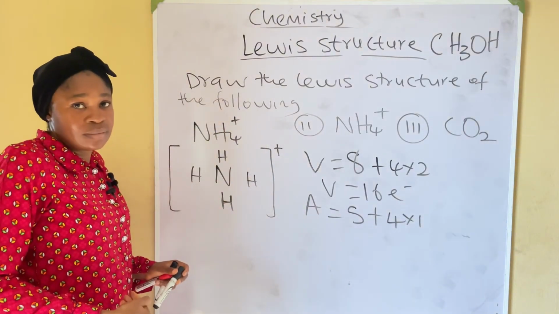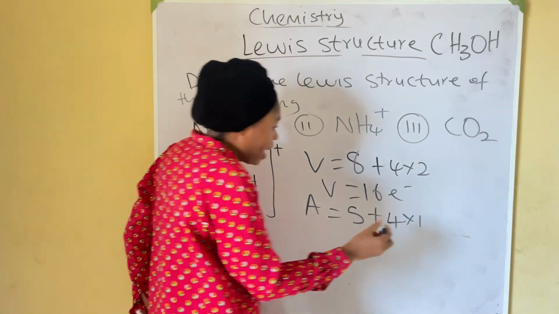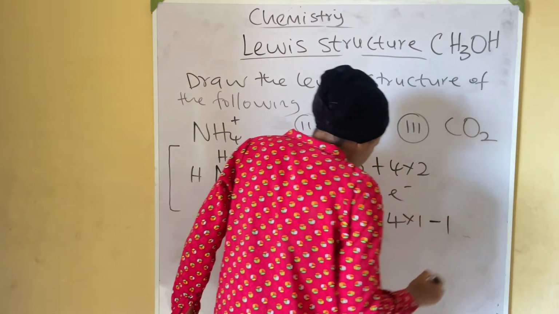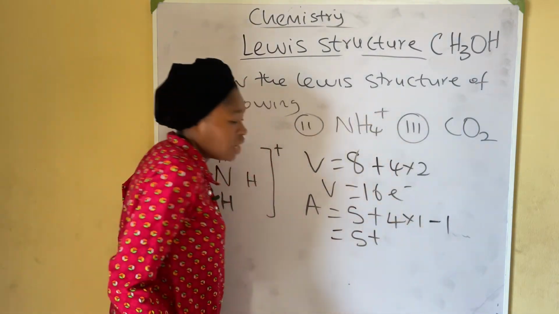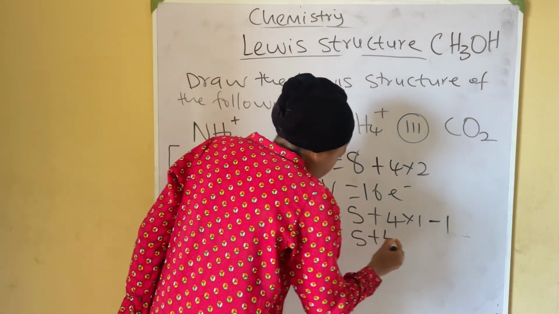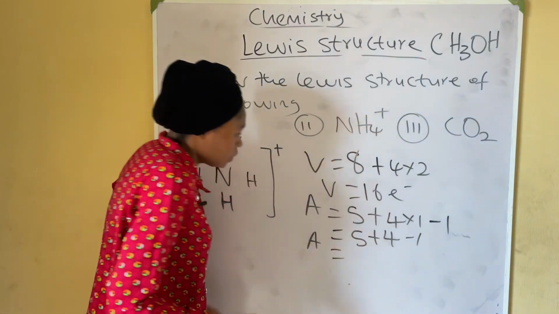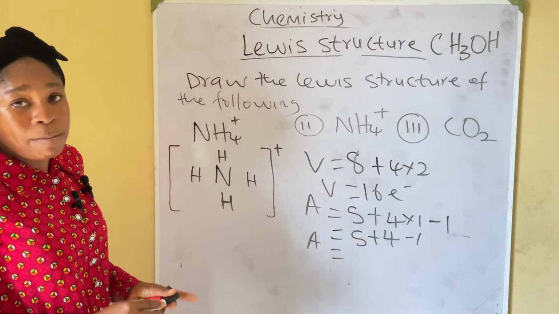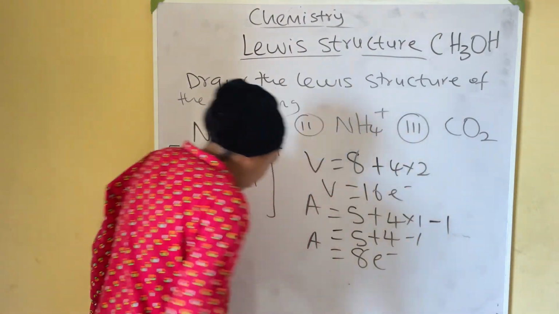Add. So because I have plus, and the plus is plus 1, I'm going to minus 1 electron. So I'll be having 5 plus 4 times 1, minus 1. A is what? 5 plus 4 is 9. 9 minus 1 is what? 8. So 8 available electrons.